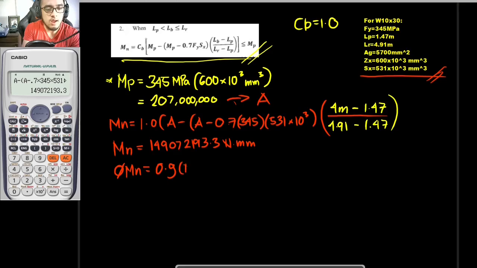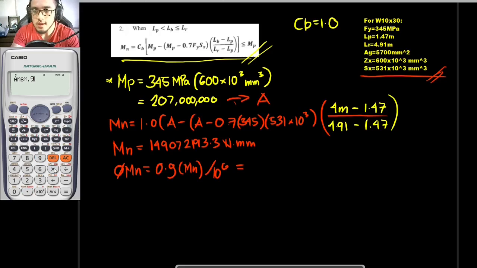Let's convert this into kilonewton meters, divided by 10 raised to 6. So I would be multiplying this by 0.9 and dividing by 1 million.